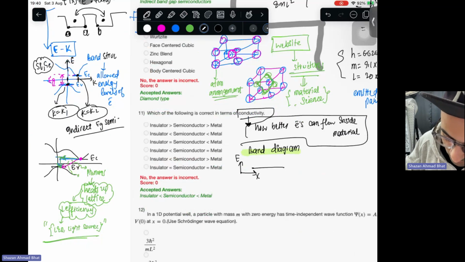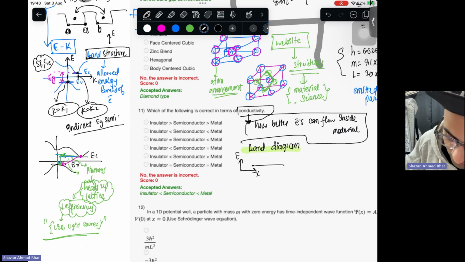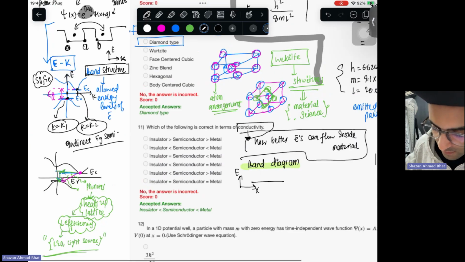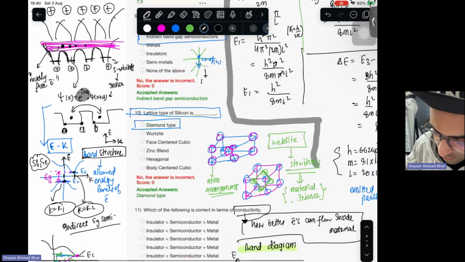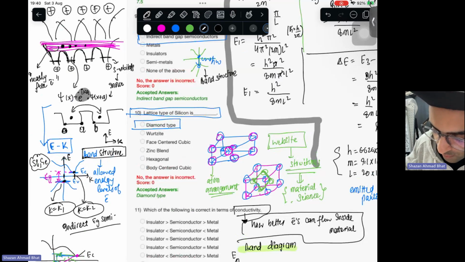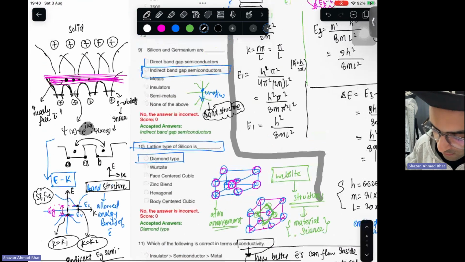This is called the band structure, where you represent energy on the y-axis and the wave vector on the x-axis. Pardon me, that is the difference between the band structure and the band diagram. Most people are confused by it. This is the band diagram, where you draw E versus X.